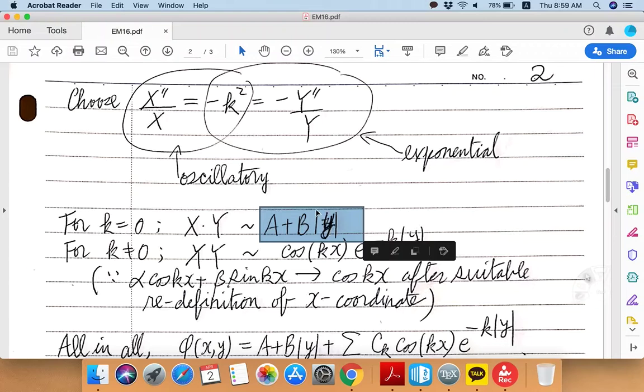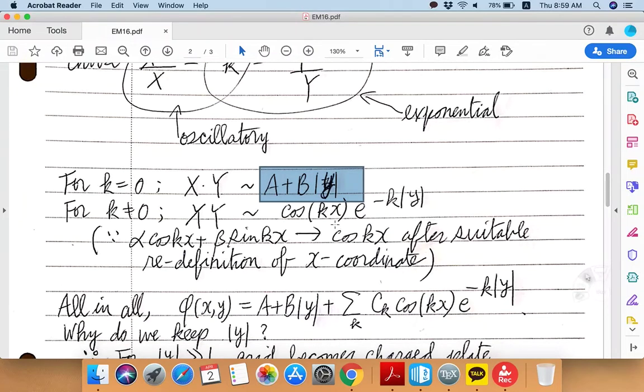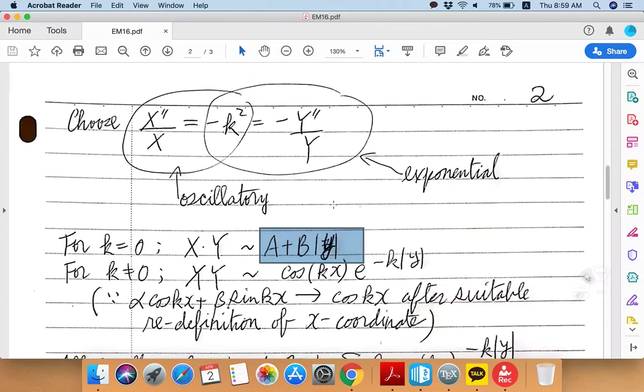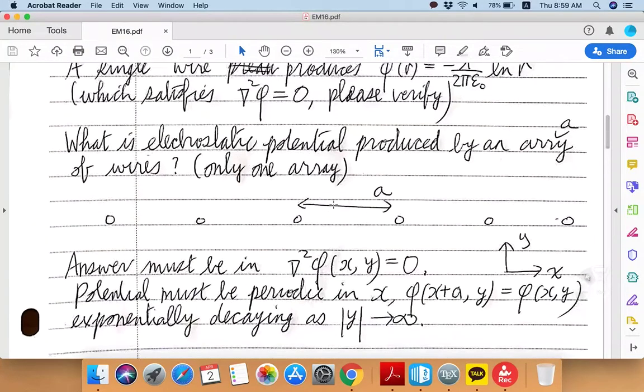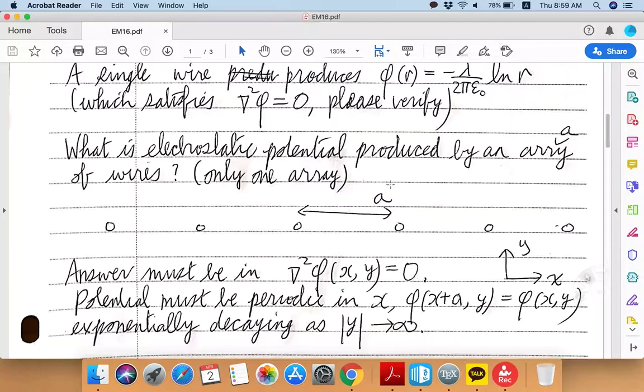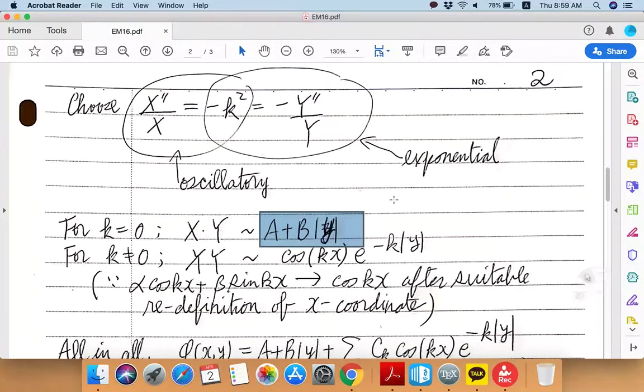And I put an absolute value sign here because, again, on physical grounds, it should be obvious that the potential should really only depend on the distance from where the array is located. And so it's only appropriate that we put this magnitude sign around the y coordinate.